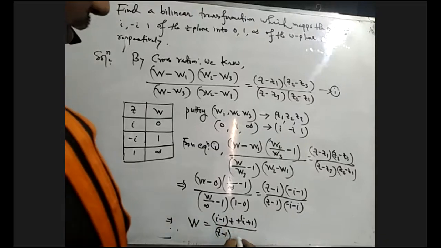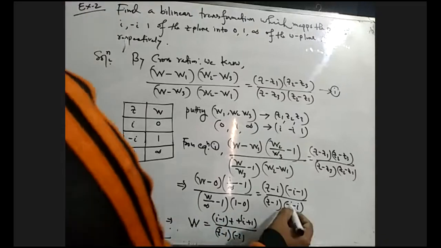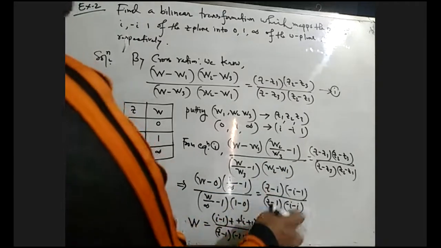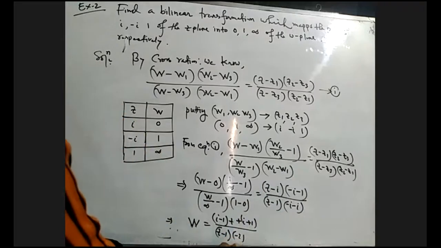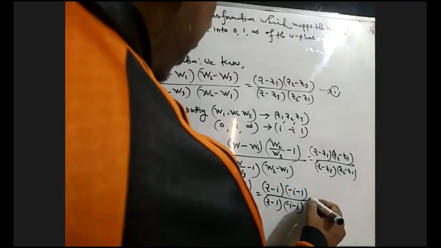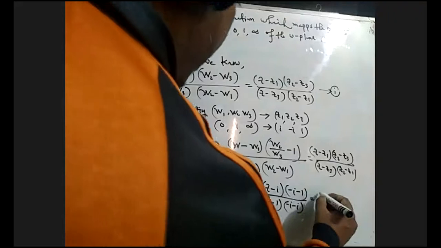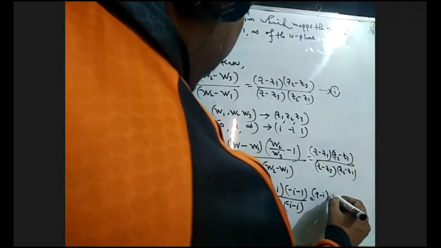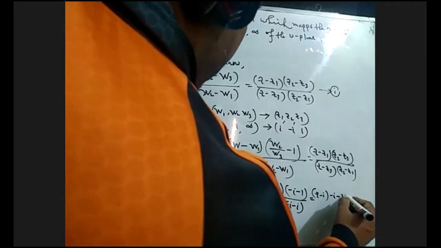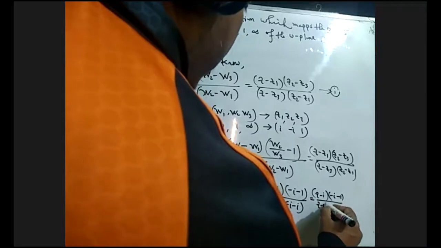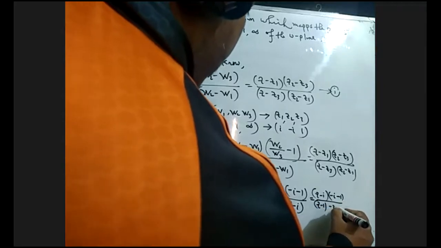Multiplying by i on both numerator and denominator, we get minus 2. From here we get (Z minus i minus 1) divided by (Z minus 1) into minus twice i.